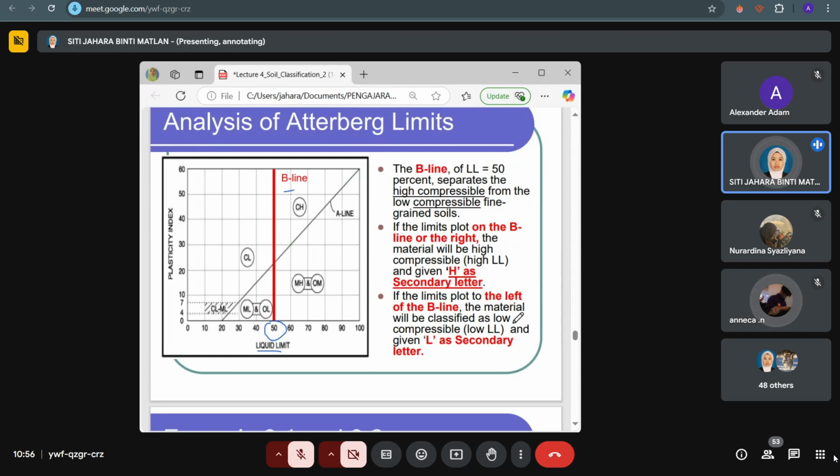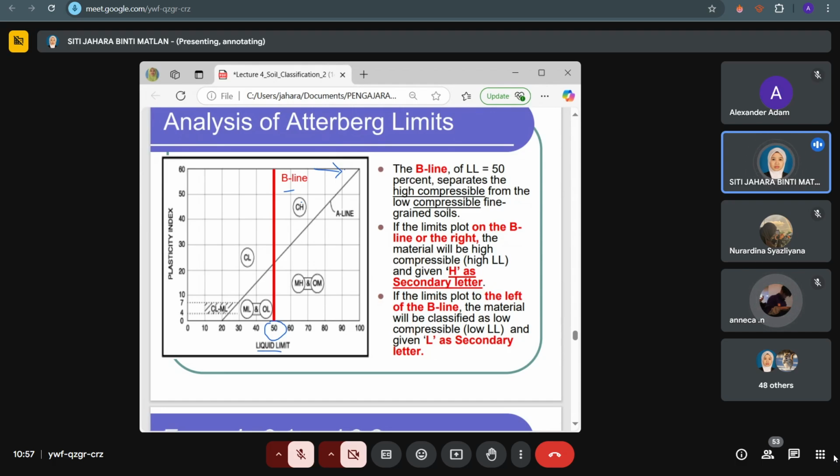On the right side, which is liquid limit more than 50%, the soil is described as highly compressible, and we can see the symbol is H. The secondary letter H represents high plasticity as well. High plasticity represents high compressibility of soil.